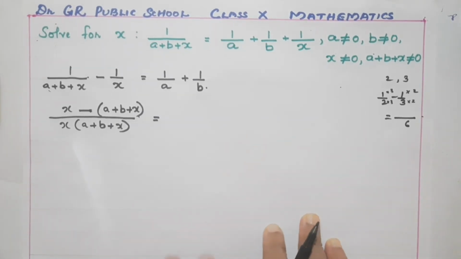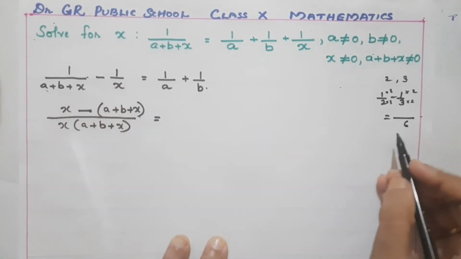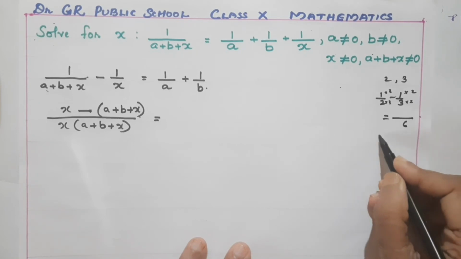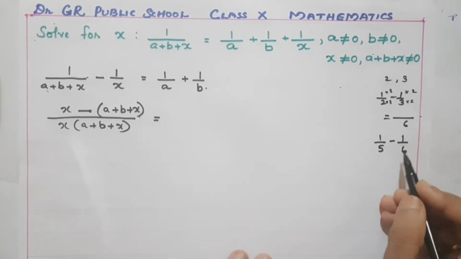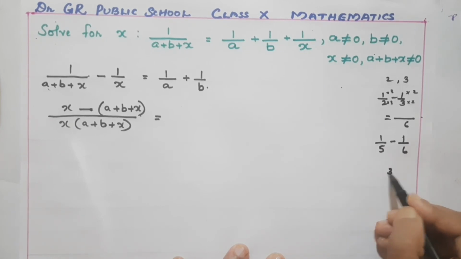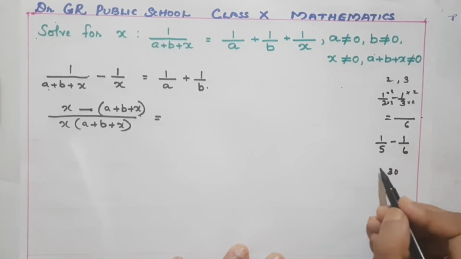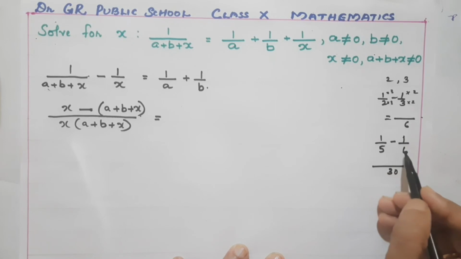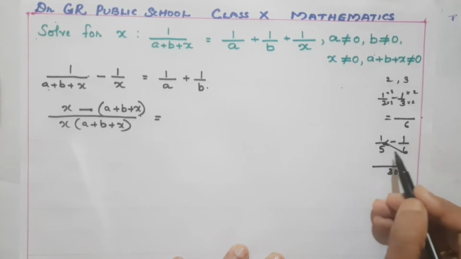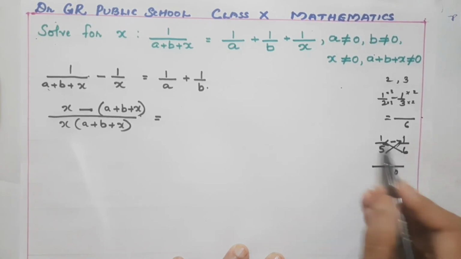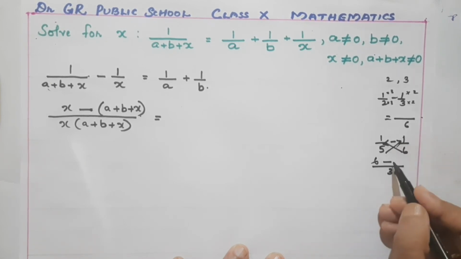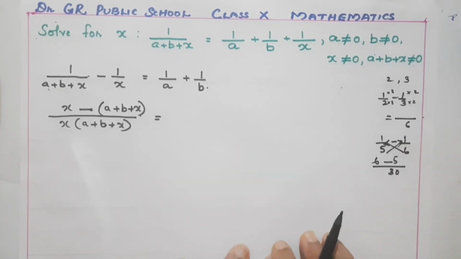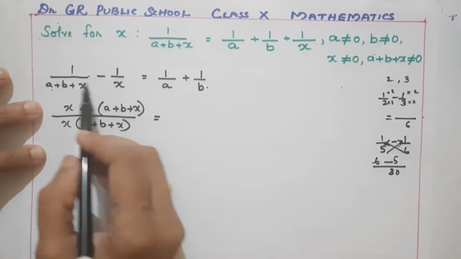Okay children. So if we don't have any common factor, for example 1 by 5 minus 1 by 6, LCM will be 30, their product. Okay. Now how will we get the numerator? Just do the cross multiplication like this. 6 into 1, here 6, then here minus 5 into 1, 5. Same procedure here also we can apply.